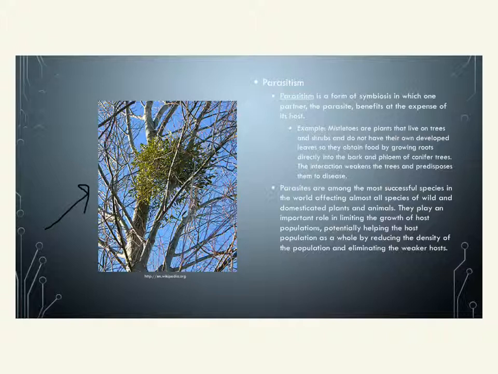They don't have their own developed leaves, so they can't make their own food. What they do is grow roots right into the bark and phloem of the conifer trees that they grow on. And so obviously this is going to have a negative effect on the tree. It's going to weaken the tree and predispose it to disease. But the parasite here, the mistletoe, could care less because it's going to thrive.